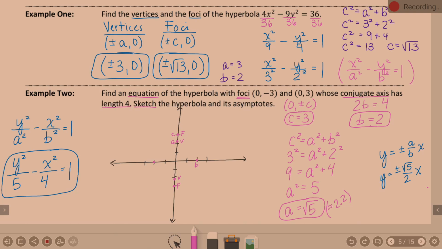It's just a dotted line box, because it's just going to help me match up my asymptotes. So I have a dotted line through each A value and each B value, and it forms a box.